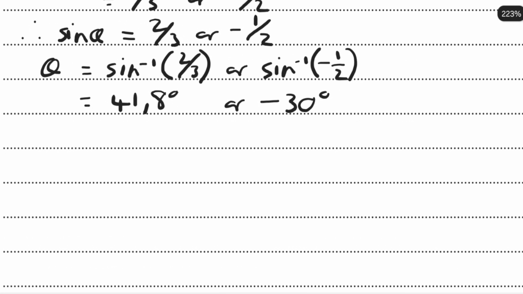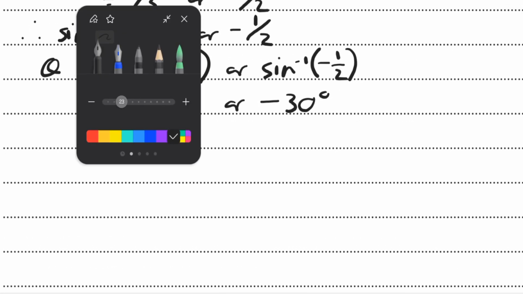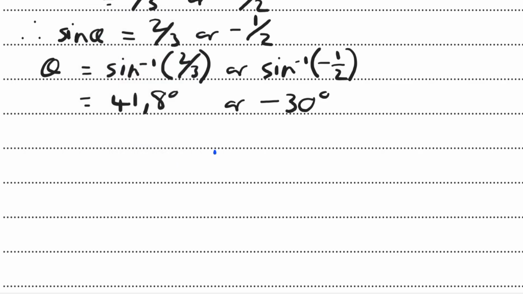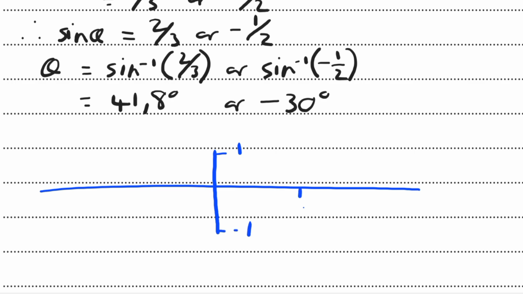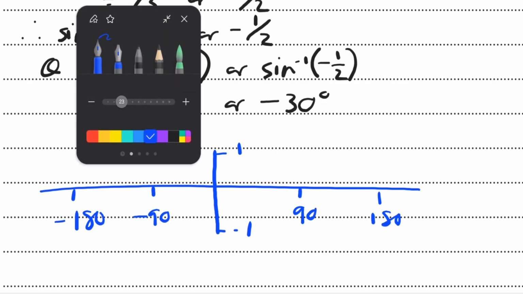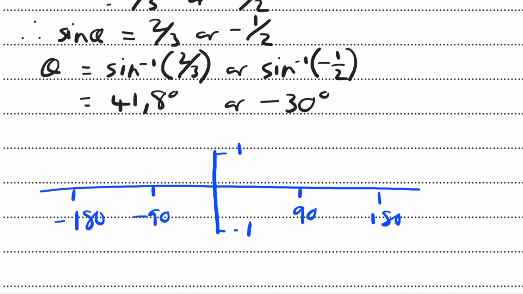The sine graph looks like this, with 1, minus 1 here, 90, and 180, minus 90, then minus 180.